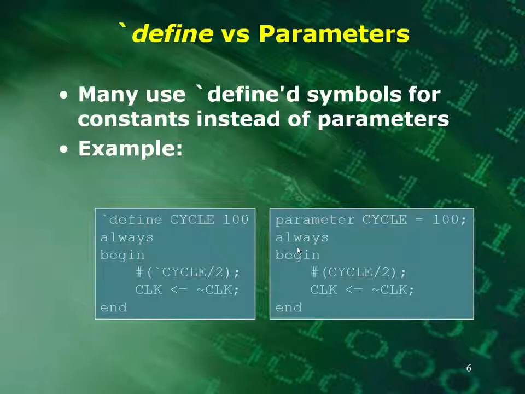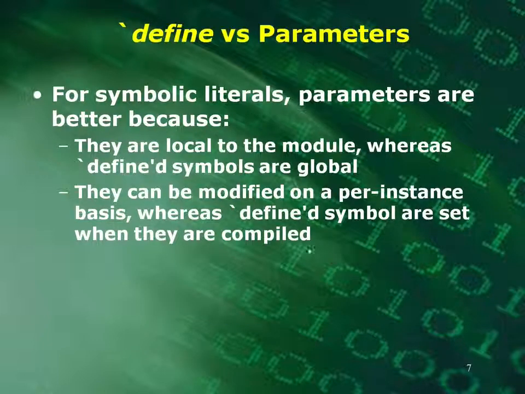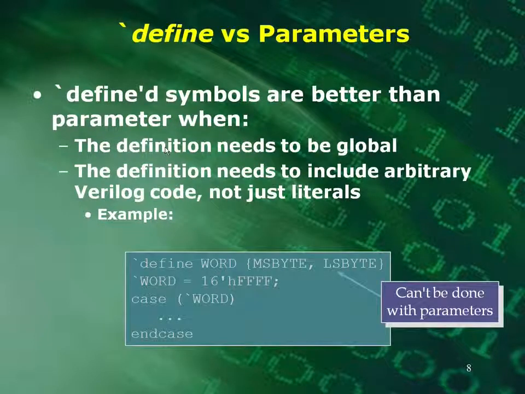For symbolic literals, parameters are better because they're local to the module, whereas the defined symbols are global. Remember that, they're global. And parameters can be modified on a per instance basis, whereas defined symbols are set when they're compiled. And defined symbols are better than parameters when the definition needs to be global, and the definition needs to include arbitrary Verilog code, not just literals. So here again, we have word defined as this arbitrary Verilog code that we want.